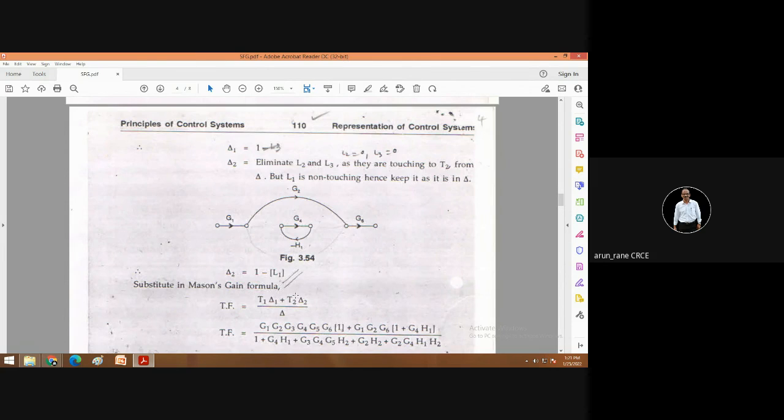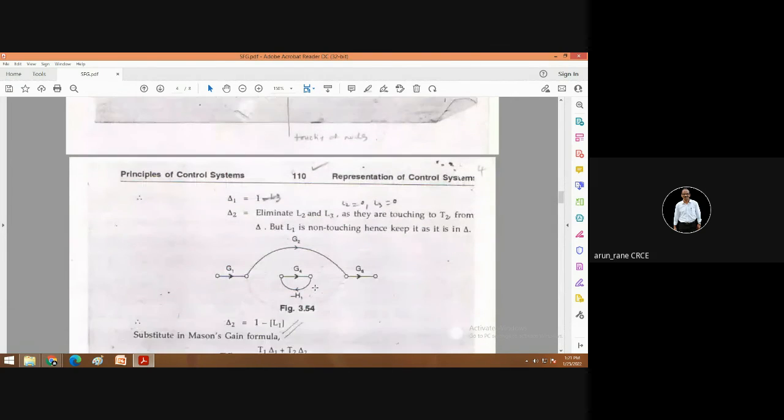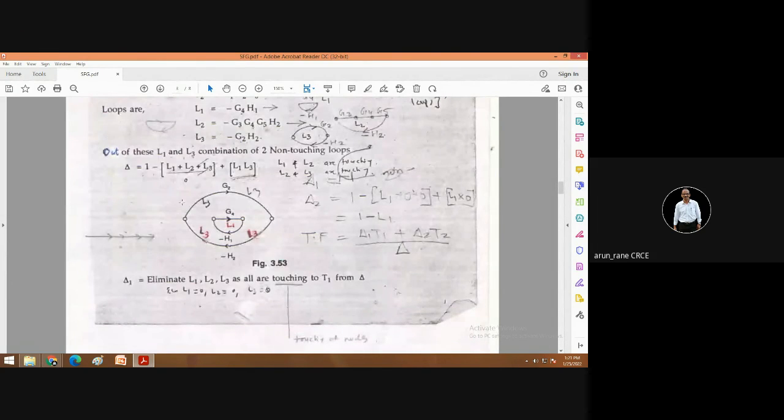And what is the value of delta 2? So delta 2 is this, 1 minus L1. And L1 we have already found out: G4 minus G4 H1. So that you have to substitute here. And delta, where is your delta? Delta is this. Again you have to substitute here all L1, L2, L3, whatever we have found out here. And then this is the transfer function.